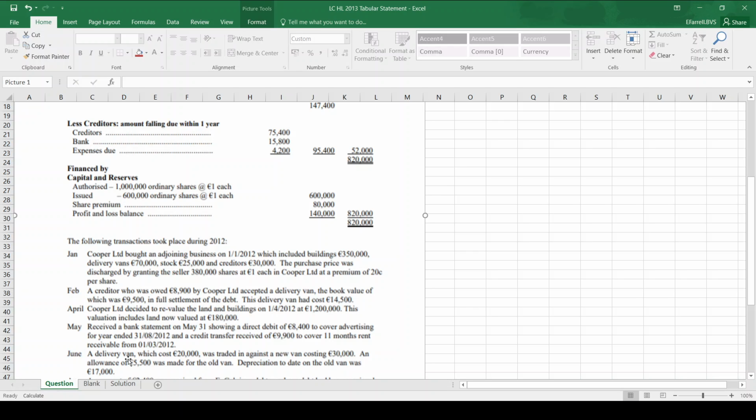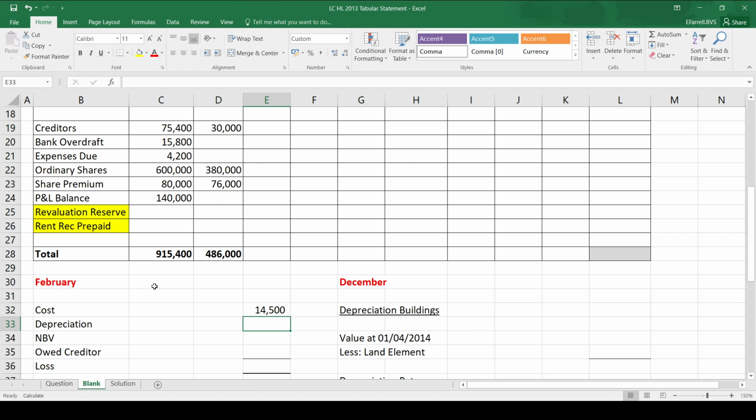Sometimes they give you the book value and you have to work out the depreciation. In this question, the book value is 9,500, which means the depreciation must have been the difference between the two, which was 5,000. Now, we owed the creditor 8,900 and we gave him a van that was worth 9,500. So that is a loss of 600.